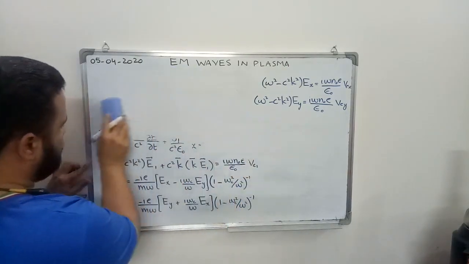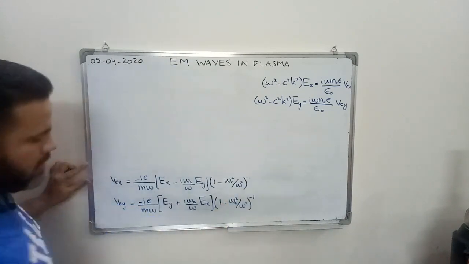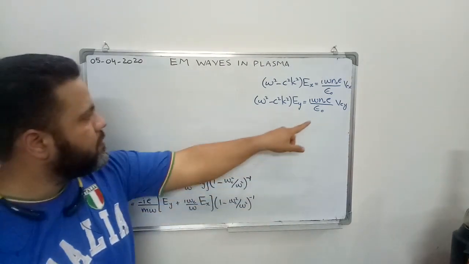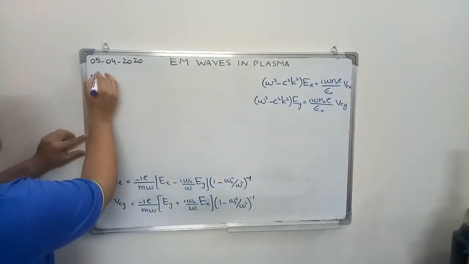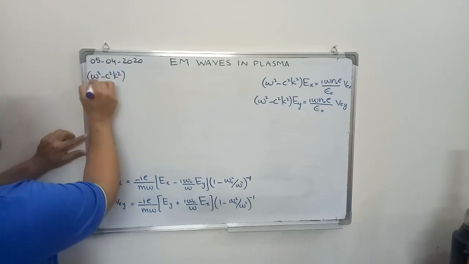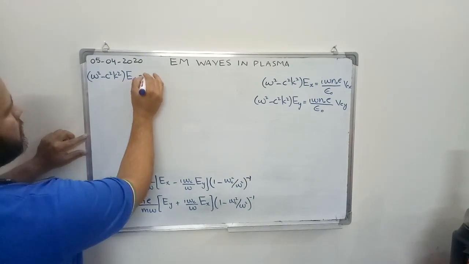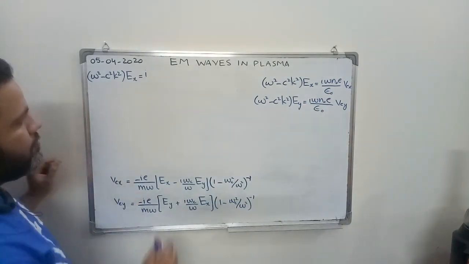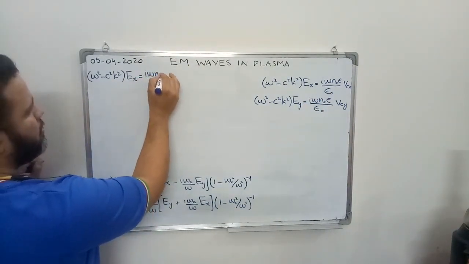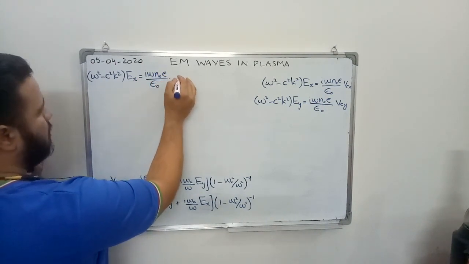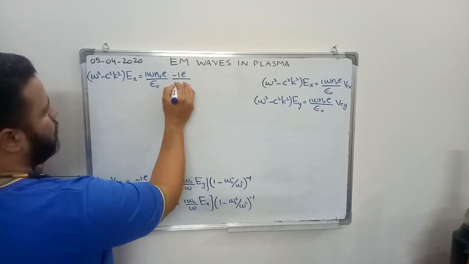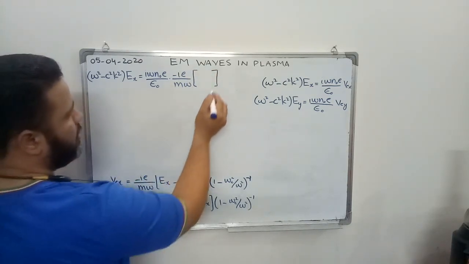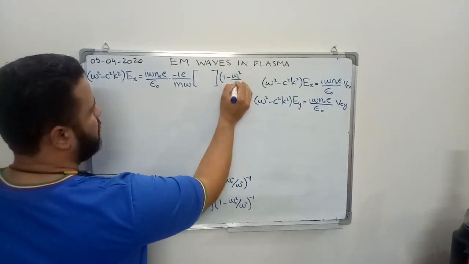By substituting these values, we have omega square minus c square k square times Ex, then n naught e by epsilon naught and this term. So you can see iota omega n naught e by epsilon naught into minus iota e over m omega, and in the bracket we have 1 minus omega c square by omega square.